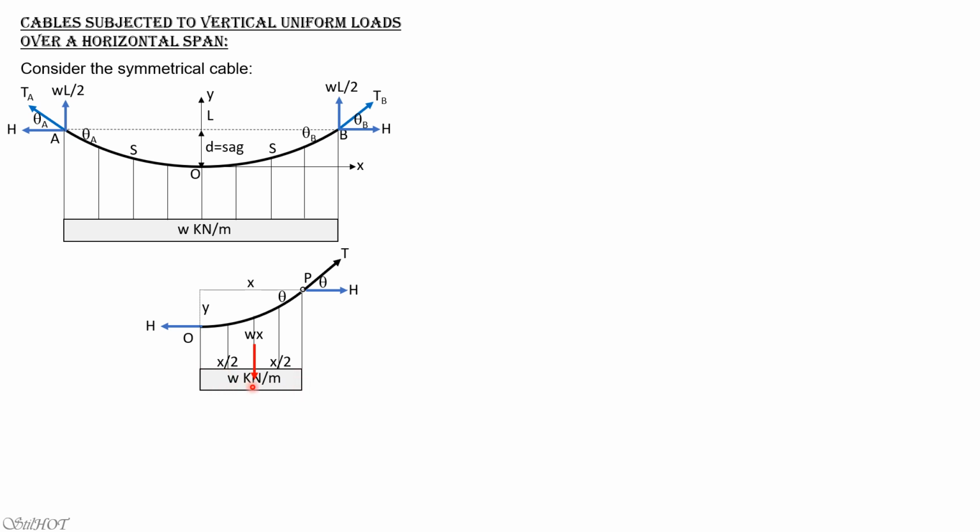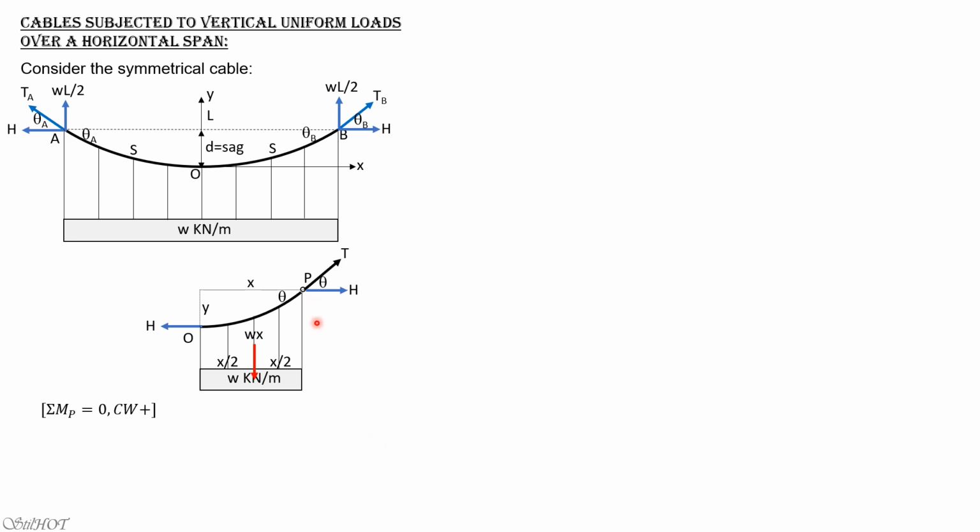Then the centroid is, of course, at X over 2 from either left or right end of that portion. Because this is the lowest point, the tension there is simply H. There's no vertical component. The tangent is horizontal. And therefore, this is also H. Then the vertical component of force here is W times X, which is the area of the rectangle.